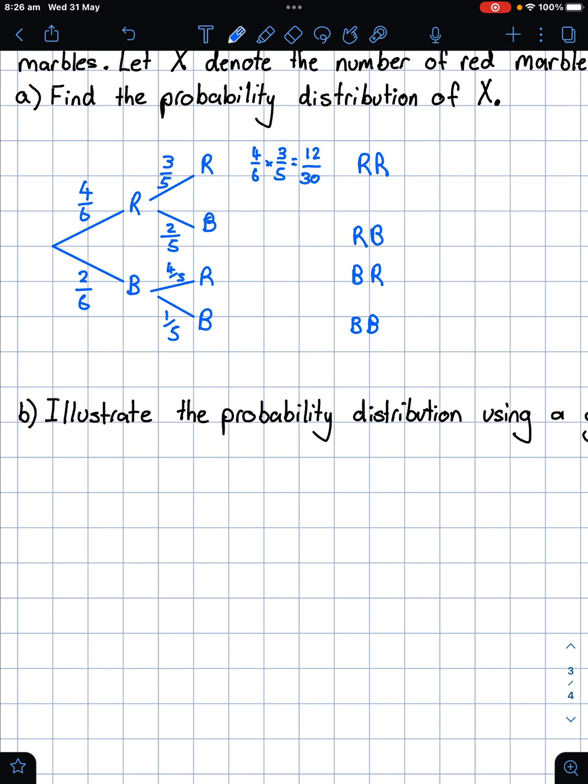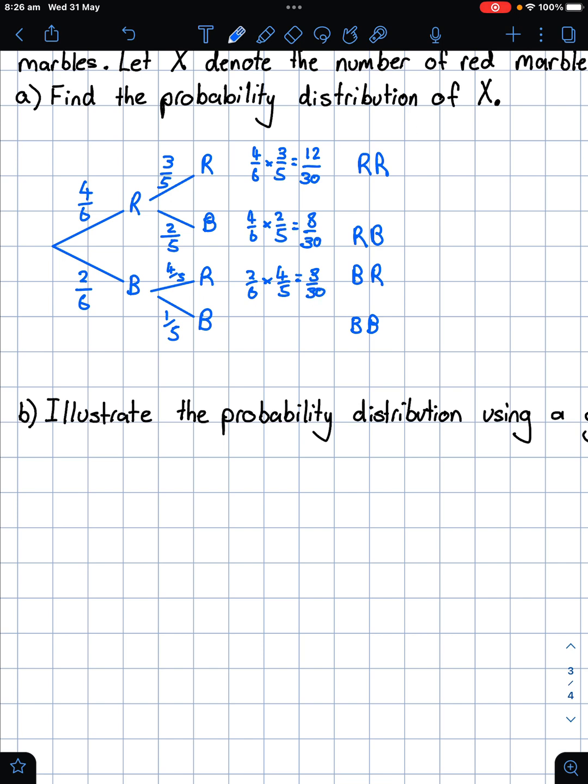All right. Our next one there is going to be 4 over 6 times 2 over 5 is going to equal 8 over 30. Next one here is 2 over 6 times 4 over 5 equals 8 over 30.